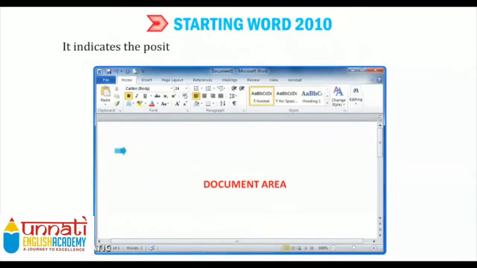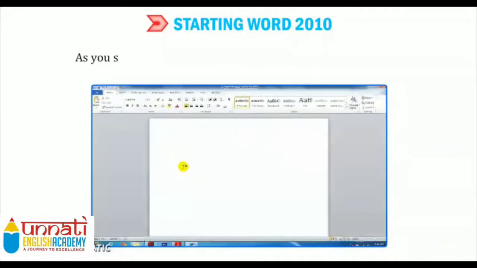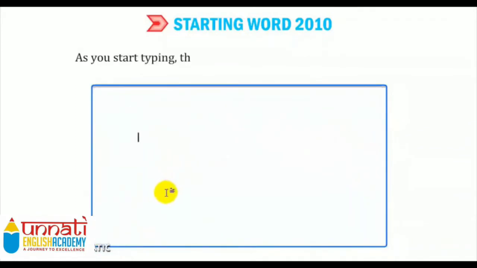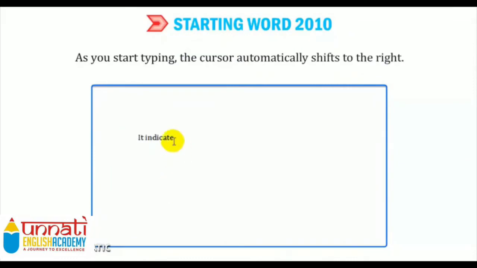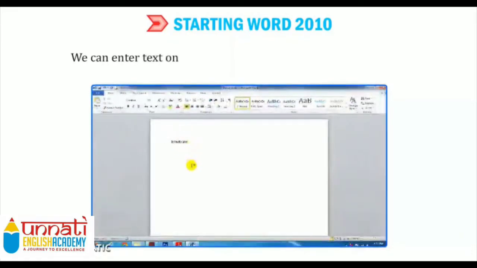It indicates the position where the next typed character will appear. So cursor and insertion point both are same. As you start typing, the cursor automatically shifts to the right direction. Remember which direction? Right direction. We can enter text on the same screen or create a new document.